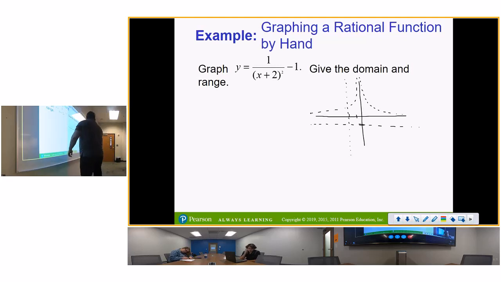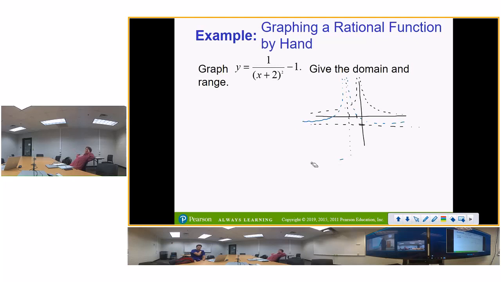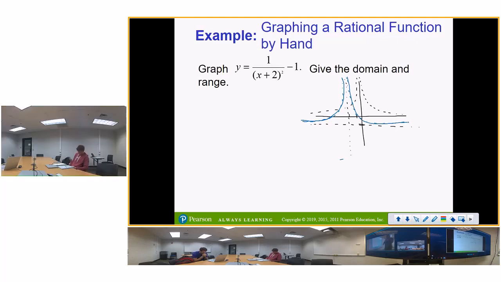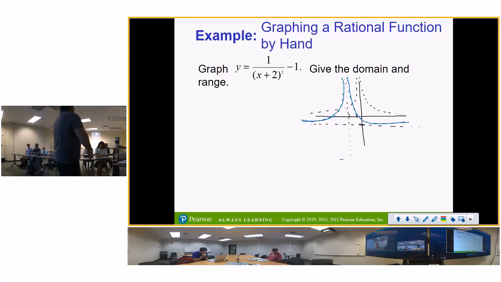I'm going to draw the new graph in blue. And it's going to look like that. There's your new graph.